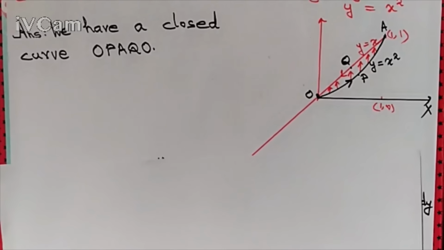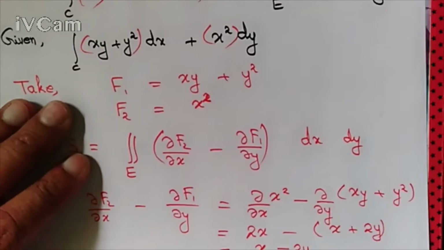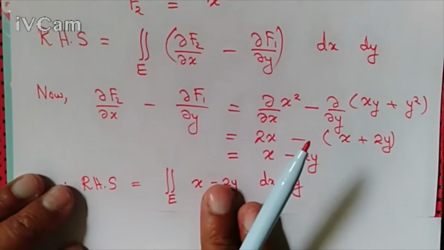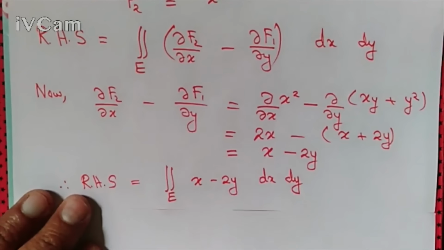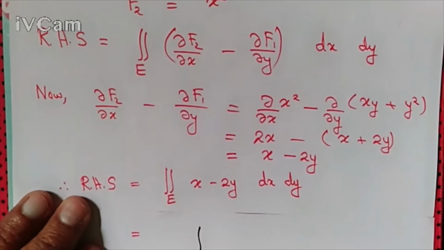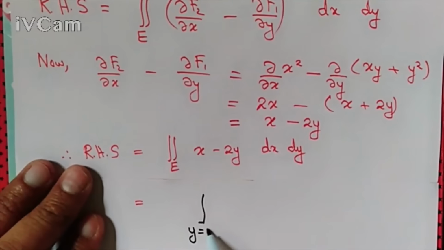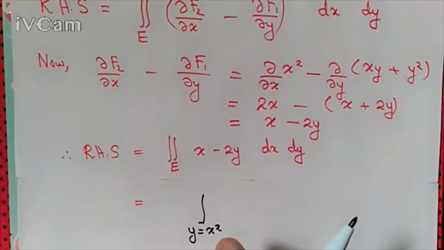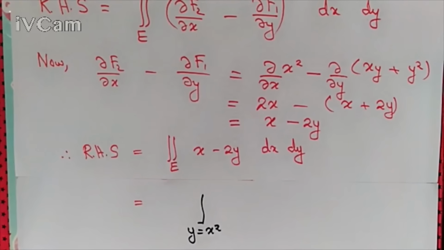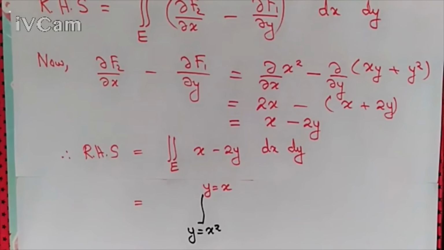Therefore, RHS equal to y has to change from y equal to x square to y equal to x. At last, x has to change from 0 to 1.